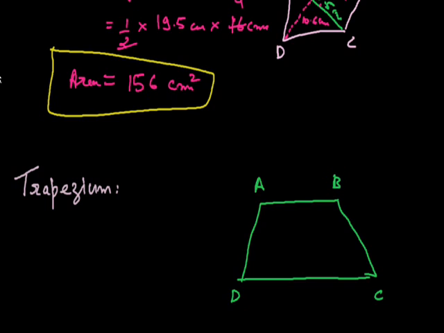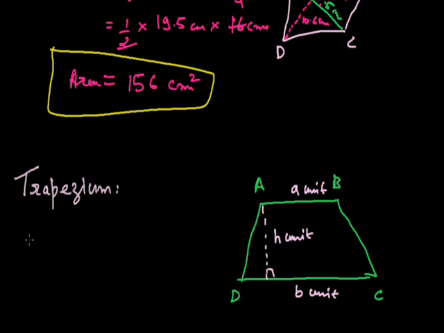Now let the length of AB be a unit and DC be b unit. Now let us draw an altitude from the opposite vertex to side DC and let it be h unit.